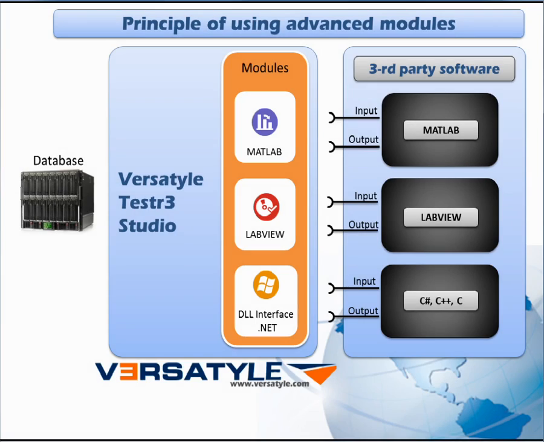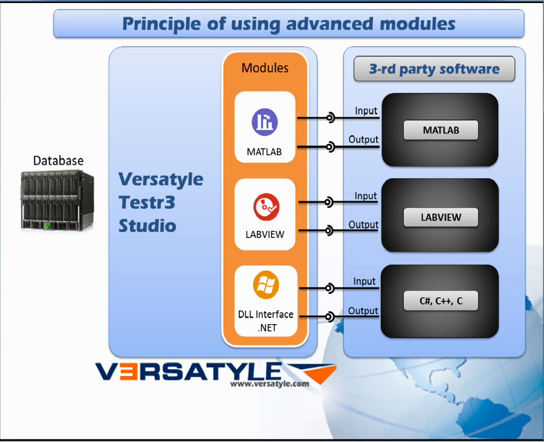In this slide, you can see the top-level architecture of Versatile Test Tree Studio Advanced modules. All these 3 modules are interfacing with the third-party softwares via inputs and outputs. Versatile MATLAB modules communicate with MATLAB software.